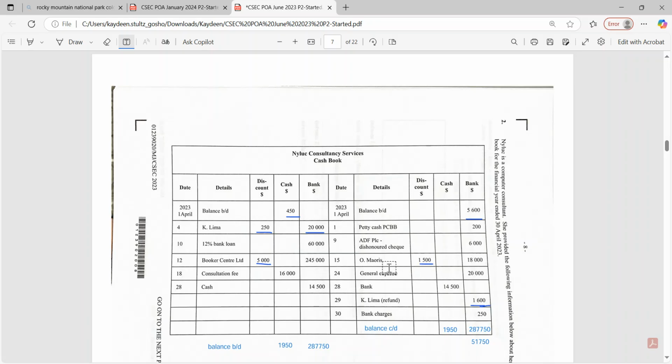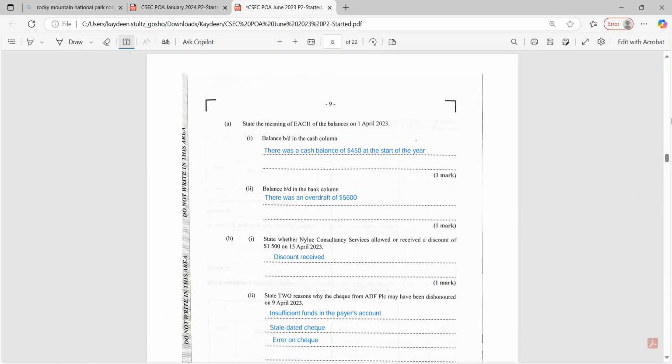So this means that which one of them do we credit? Is it discount allowed or discount received? We credit discount received because it is a revenue, right? Therefore, we would have received discounts. So that's what I put. I put discount received. Full stop. 1 mark.